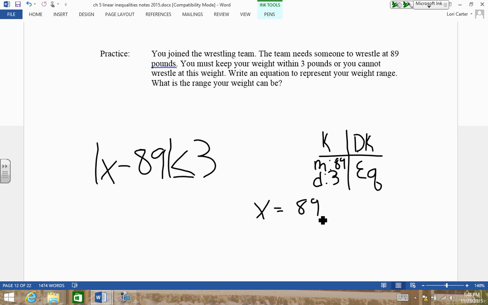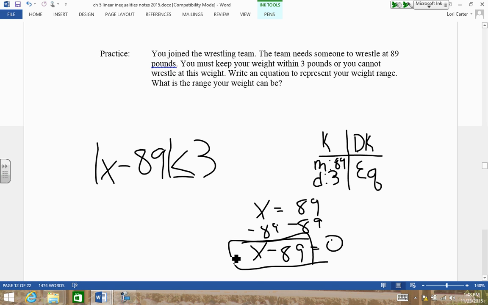In order to get it to equal 0, I have to subtract 89. Or you can just flip the signs. Whatever this is, because that's my 0, goes there. Or you can just switch the signs.